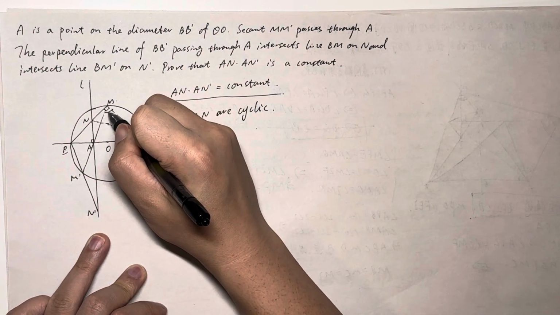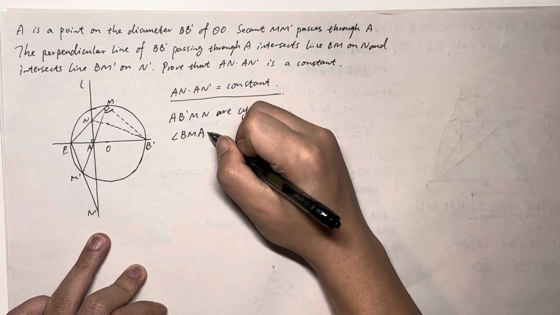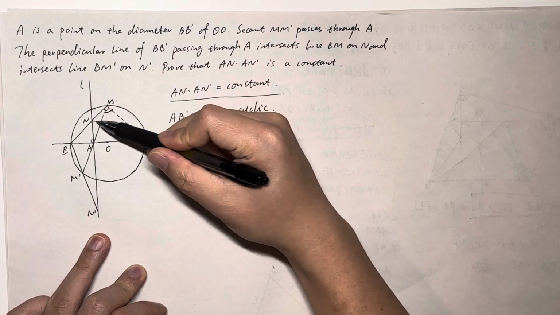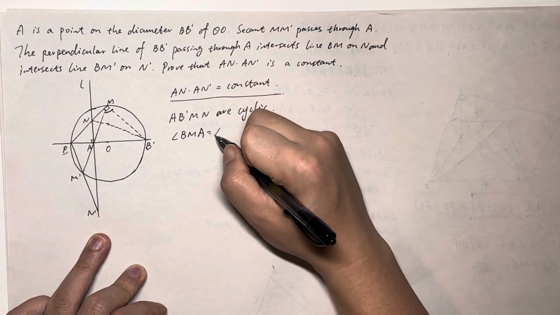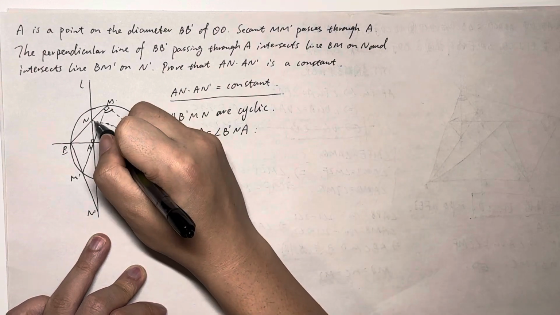This angle BMA equals angle B prime NA, equals this angle.